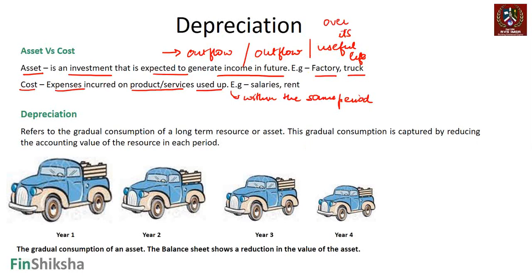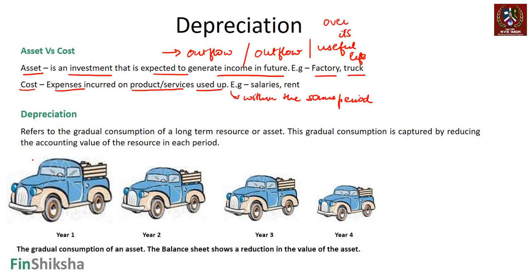Now, from that perspective, it is important for us to understand that anything that has a useful life of more than a year is going to get classified as a long-term asset. The moment you classify something as a long-term asset, it is unfair to the company if we take the entire cost of this asset in the first year when it is paid.